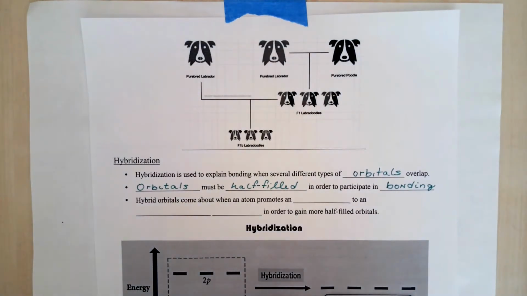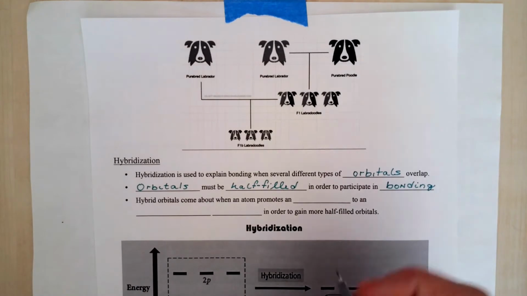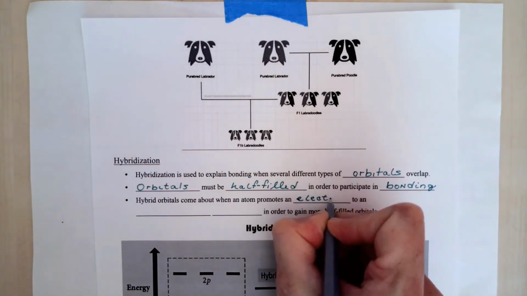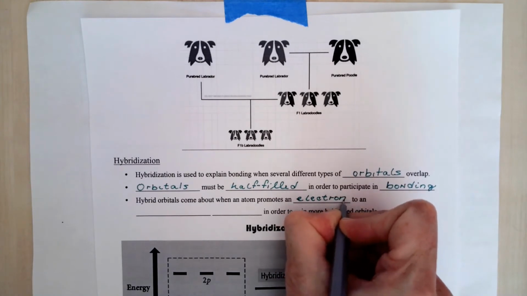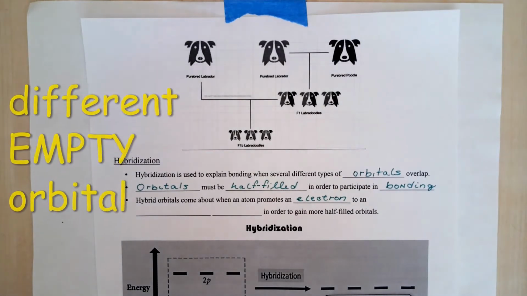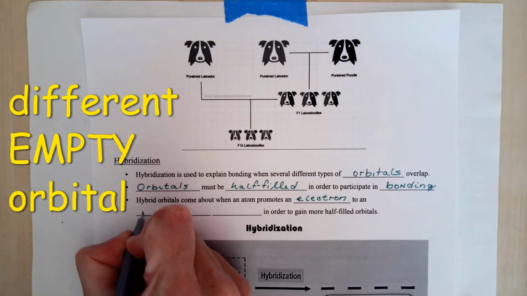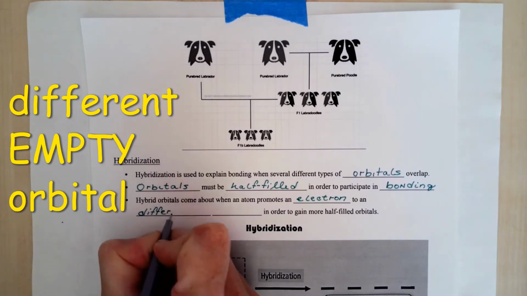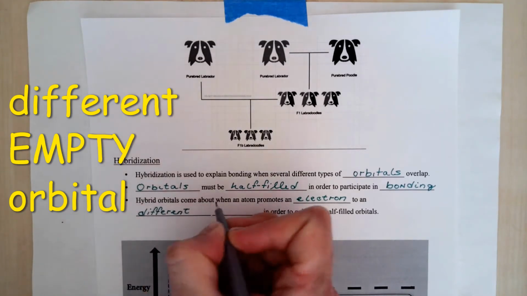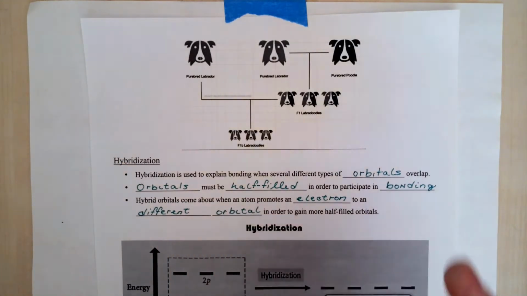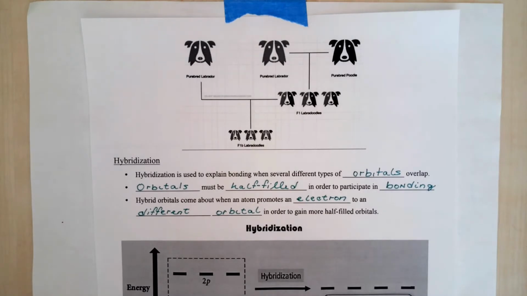The hybrid orbitals occur when an atom promotes an electron to a different orbital in order to gain more half-filled orbitals.